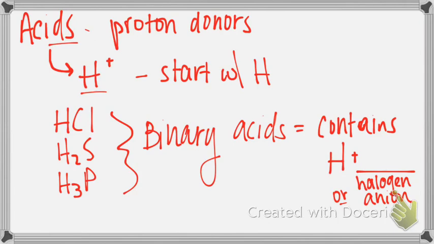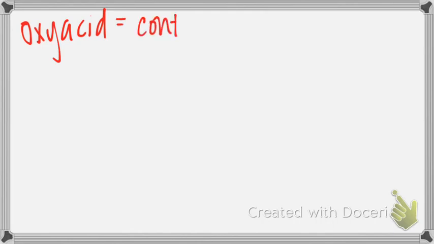The other main type of acid we're going to talk about is called an oxyacid. An oxyacid has to contain oxygen. What else does it have to contain? Hydrogen, plus something else.